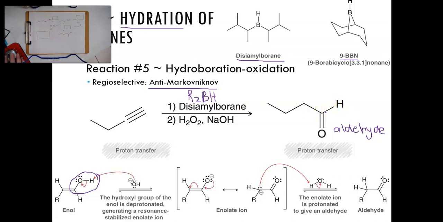For both of the reactions we just saw, the ketone one and the aldehyde one, if they are internal, there's not any regio control. So if we have a triple bond that looks like this, our carbonyl could get added to either of these carbons because neither one is going to be preferred in terms of stability.